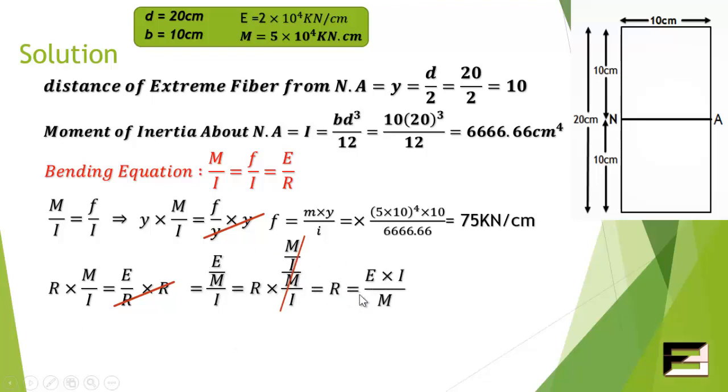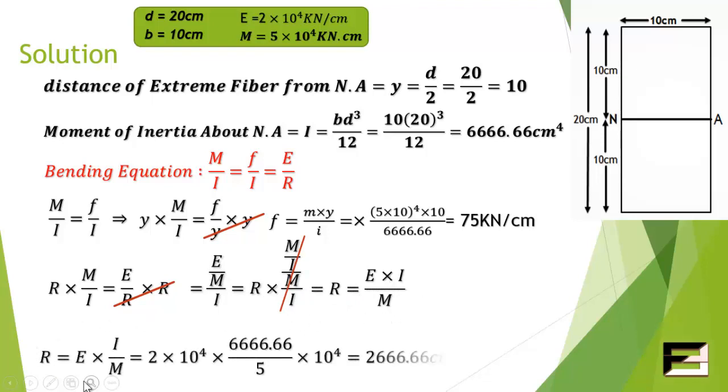R is equal to E multiplied by I divided by M.